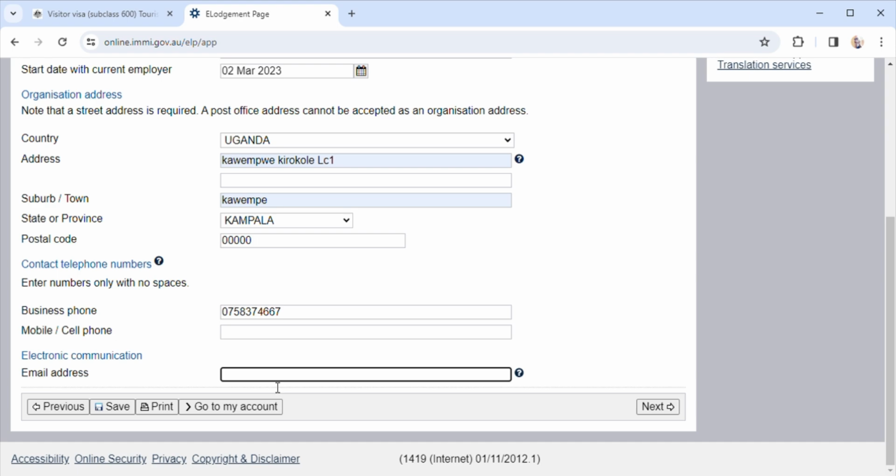You should be in contact with the people whom you are working with. So you may put maybe Ronnie Mills at gmail.com. So we go next.